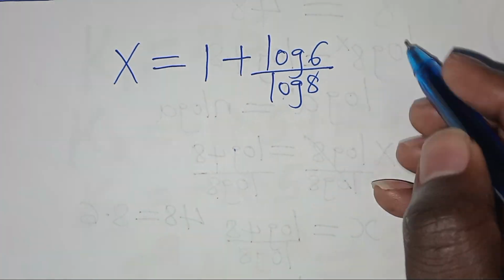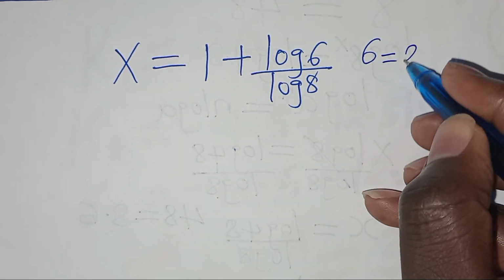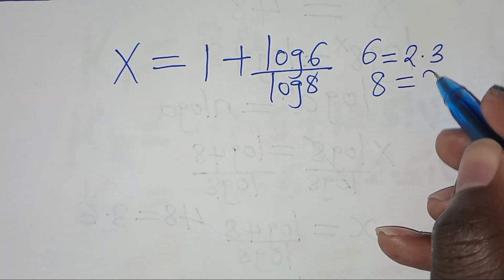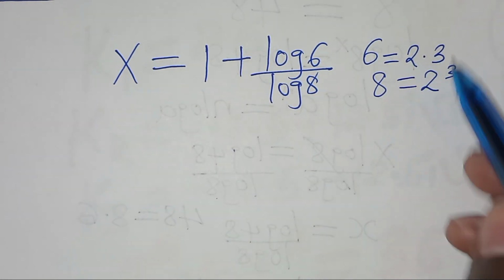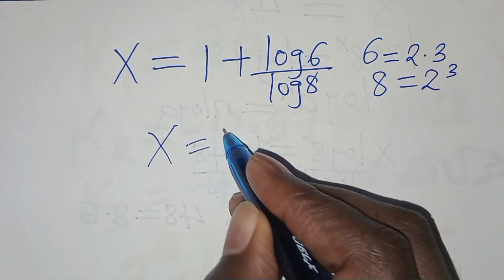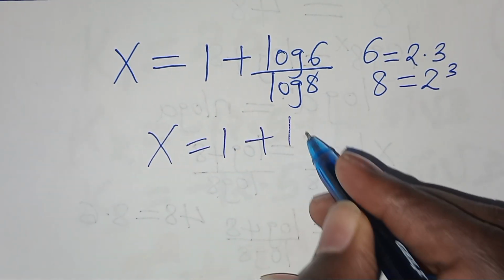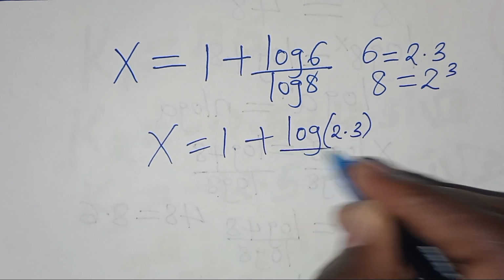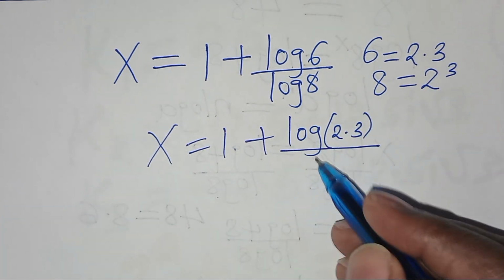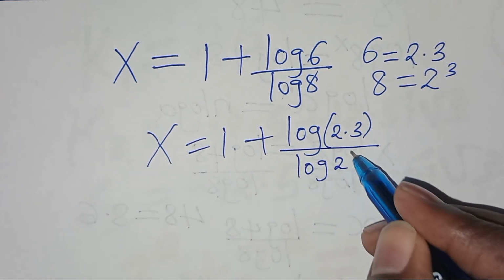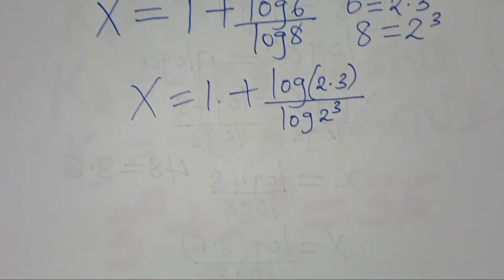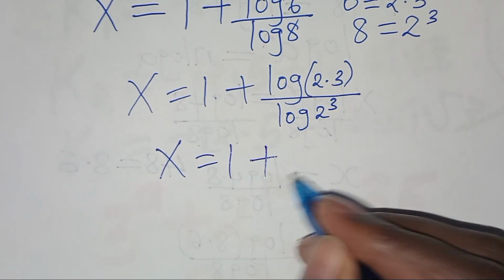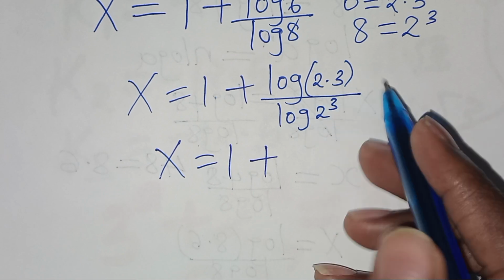Now from here, we can express 6 as 2 times 3, and we can express 8 as 2 to the power 3. So substituting this here, x is equal to 1 plus log of 2 times 3 divided by log 8, which is the same thing as log of 2 to the power 3.